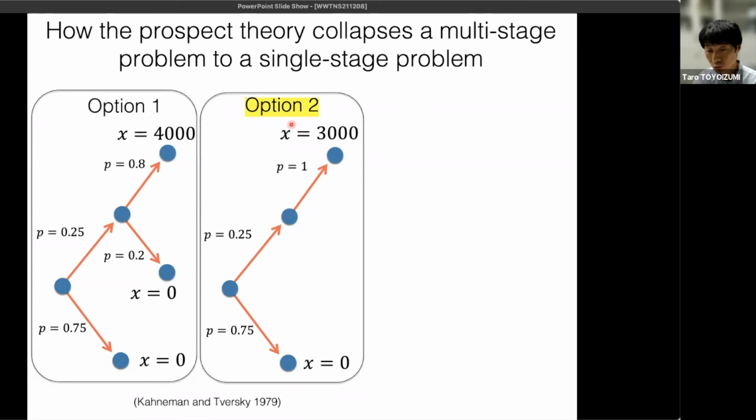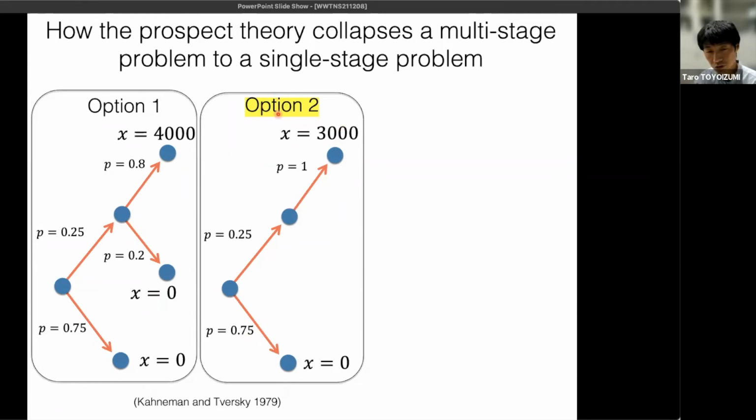Option 2 has the same first stage as option 1, but at the second stage you have a certain gain of 3,000. And experimentally, it's known that people prefer option 2.